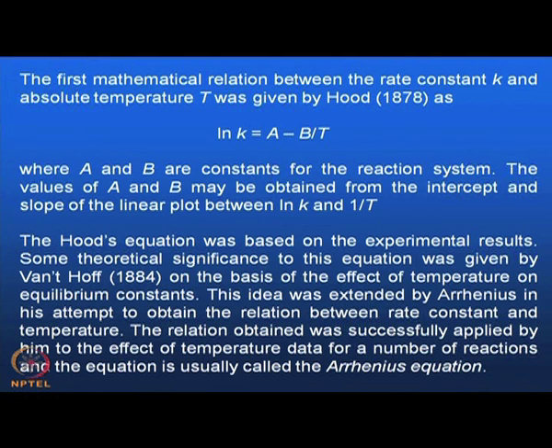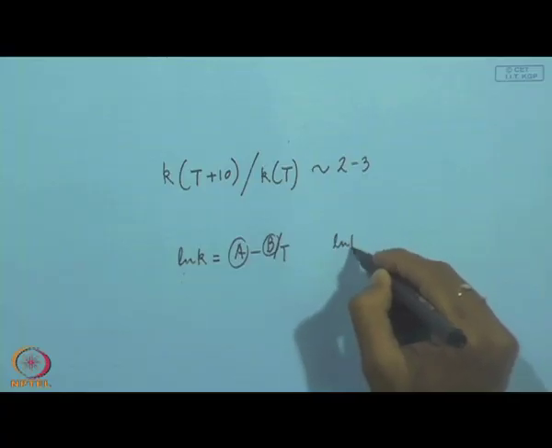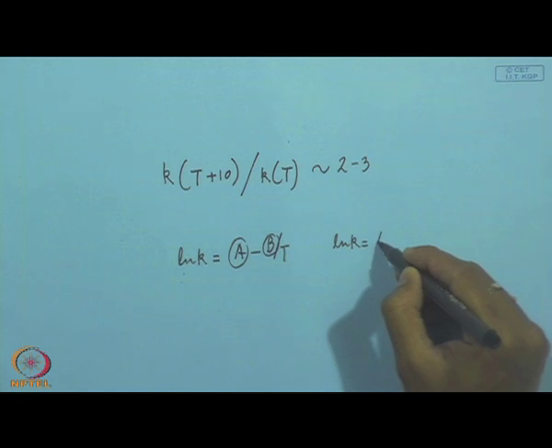The relation obtained was then successfully applied by him to the effect of temperature data for a number of chemical processes, and the equation is usually called the Arrhenius equation.